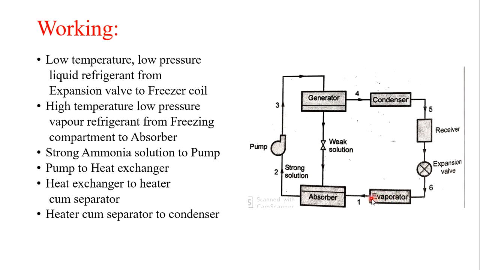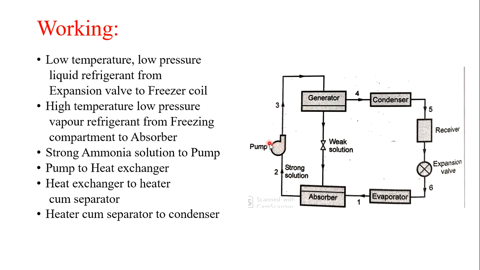The vapor refrigerant at low pressure and high temperature passes to the absorber, where water is used as absorbent. When this fluid enters the absorber, it makes the strong ammonia solution. The strong ammonia solution from the absorber is circulated to the heat exchanger through this pump.